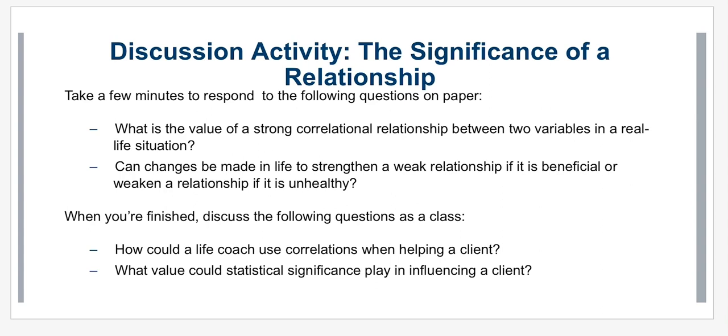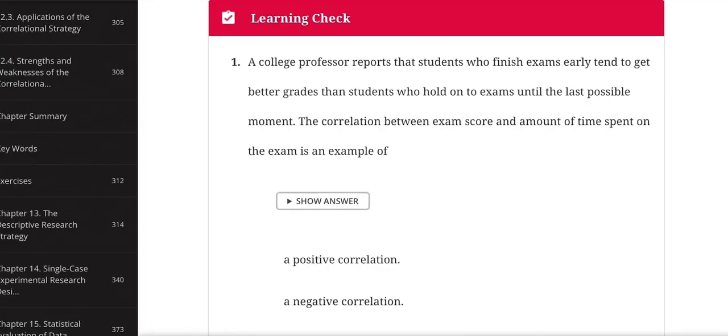And so again, increasing or decreasing one of those variables can help increase or decrease the other variable, possibly. So that is just an example from a clinical point of view.